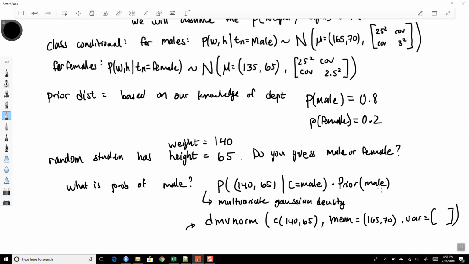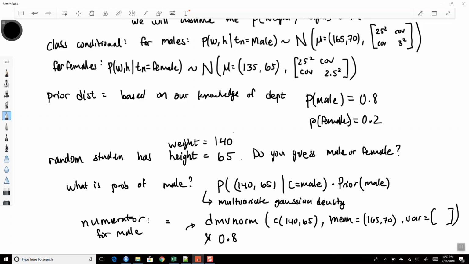And then the prior, and we multiply this times 0.8. That was the prior probability. Okay, so this is the numerator for male.